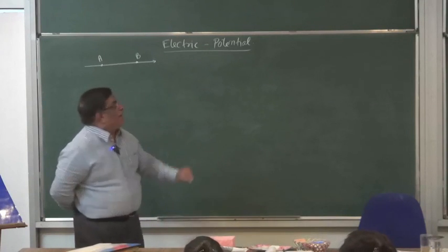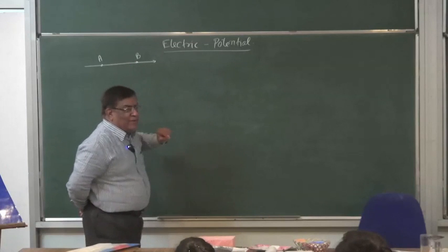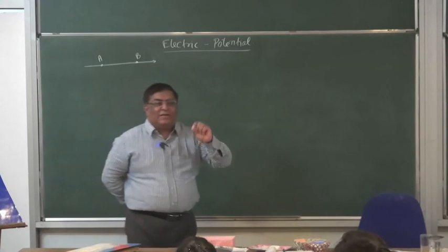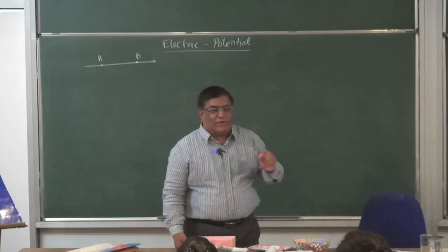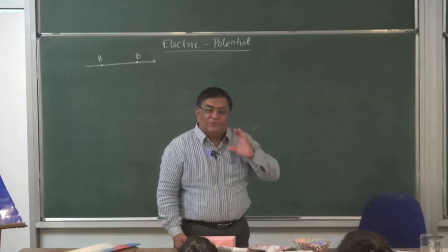If I place that charged particle at point B, then I see that it has got potential energy equal to 60 joules.